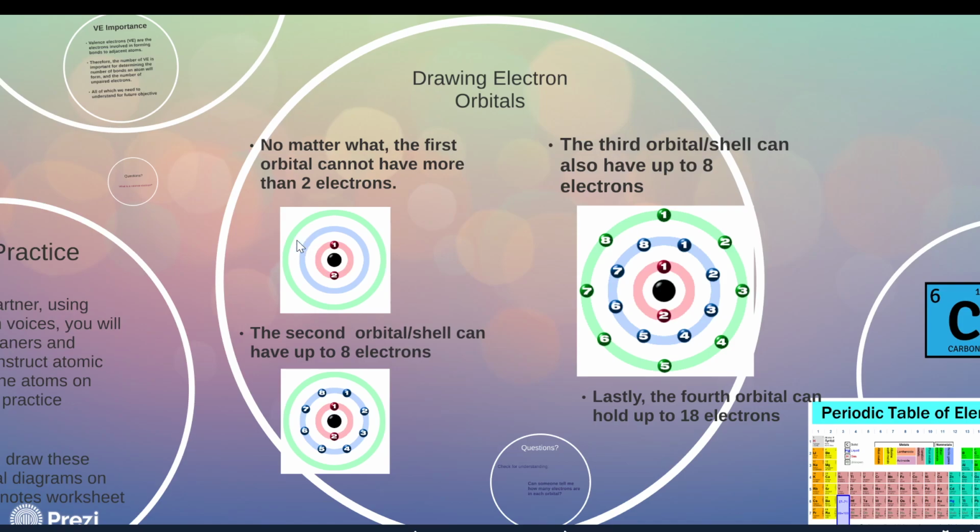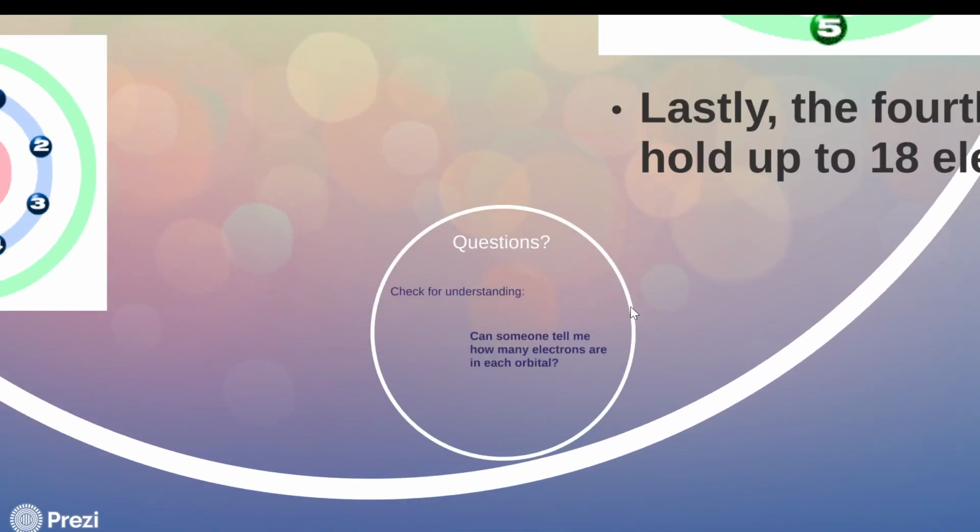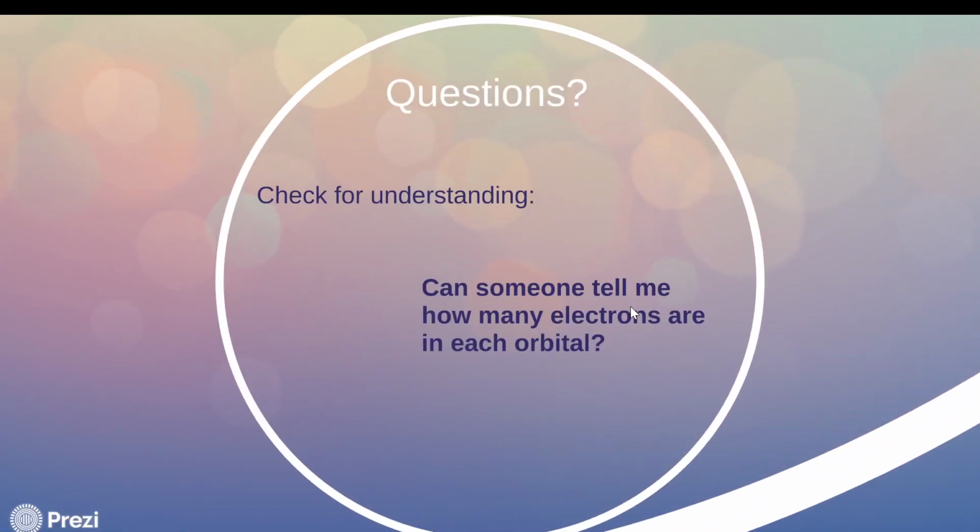The first orbital can only hold 2. The second orbital can hold 8. The third can hold 8 as well. And lastly, the fourth can hold up to 18 electrons. Just keep that in mind. That should be a review from the last section, knowing how many electrons are in each orbital.